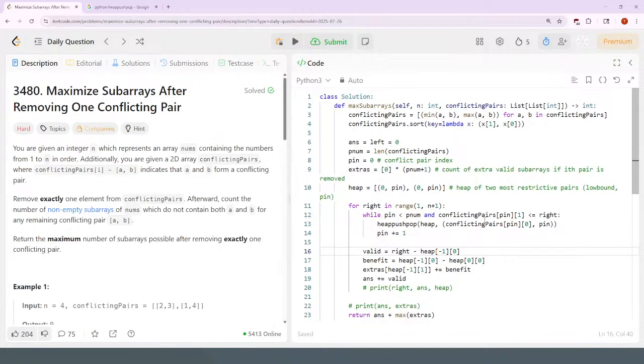Heap push the tuple that is the left bound and the index of that. Increment the index of the conflicting pair. The valid indices, the valid stuff is from the right side to the left side. The benefit of removing this, I can just do this.